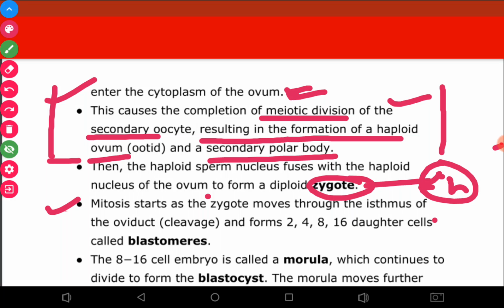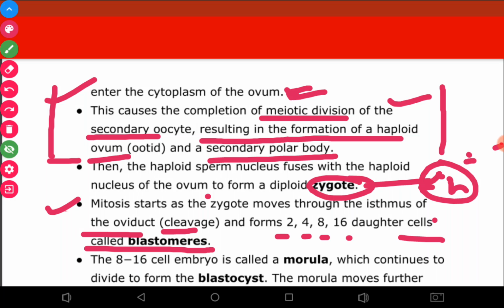Mitosis starts in the zygote, which moves through the isthmus of the oviduct. From the ampullary-isthmic junction it will transfer to the isthmus, towards the uterus. Simultaneously the mitotic division takes place. The single-cell zygote changes into 2 cells, 2 to 4, 4 to 8, 8 to 16.